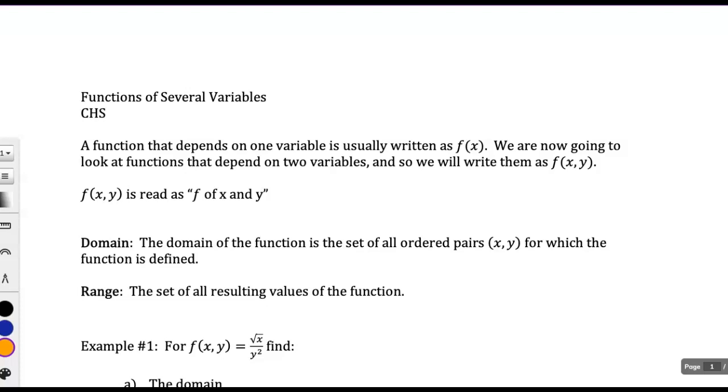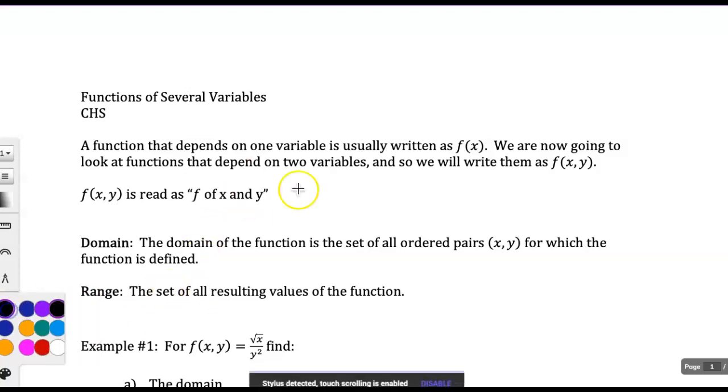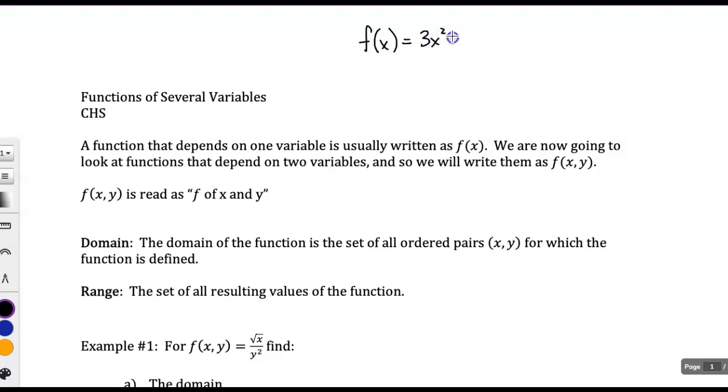All right, so in this video, we're going to talk about what are called functions of several variables. Normally, we've just had a function like f of x equals 3x squared plus 4. We've had input, which was our x variable, and then output, which we would call f of x or y.